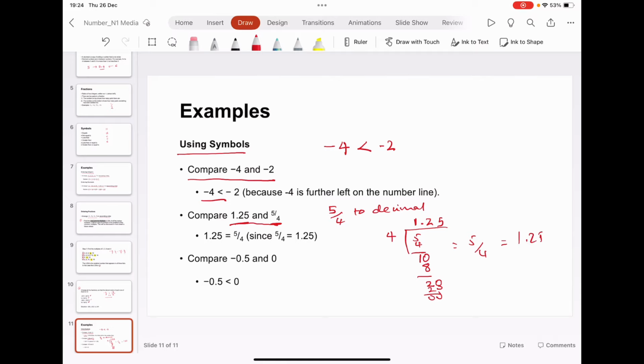So in this case, 1.25 is equal to 5 over 4.